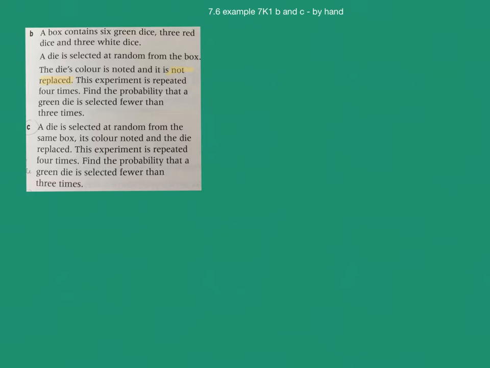So with replacement, we can model this as a binomial experiment. So we have 6 green, we have 3 red, and then we have 3 white, right? So that's 12 dice altogether.